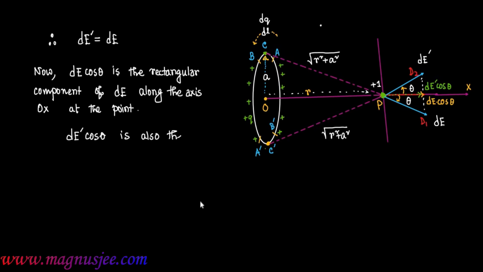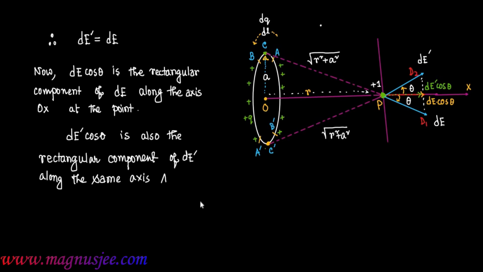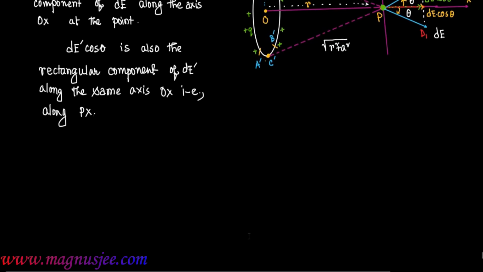Again, dE prime cos theta is also the rectangular component of the field intensity dE prime along the same axis OX, that is, along PX.